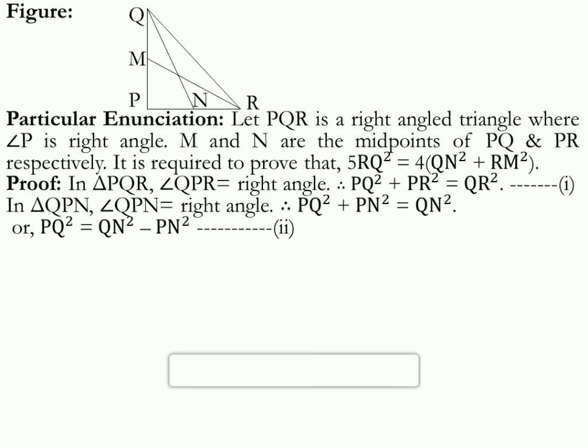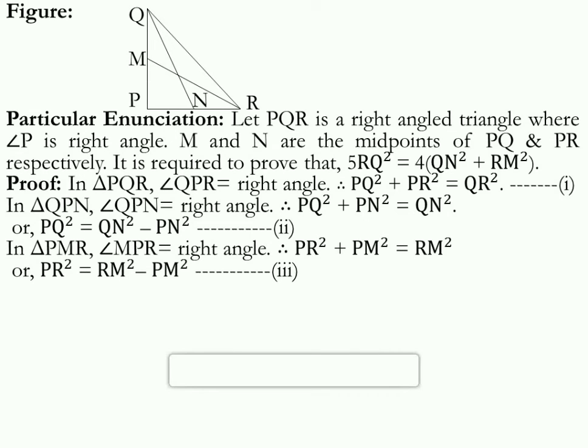If we take PQ on one side and PN on the other side, it becomes PQ square equals QN square minus PN square. Similarly, from triangle PMR, we also get PR square equals RM square minus PM square.